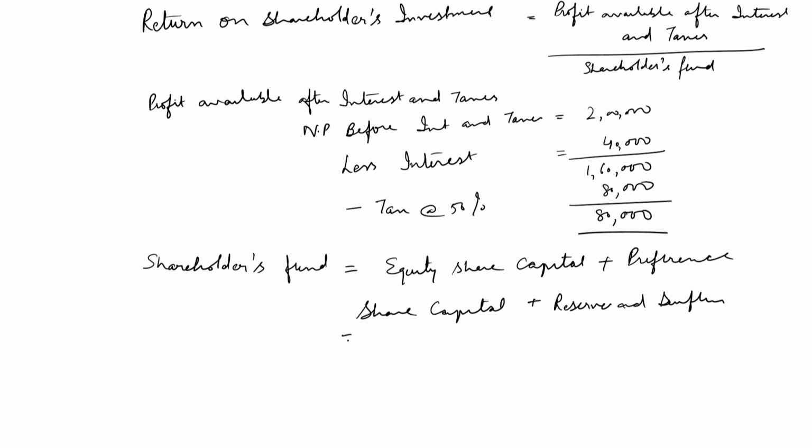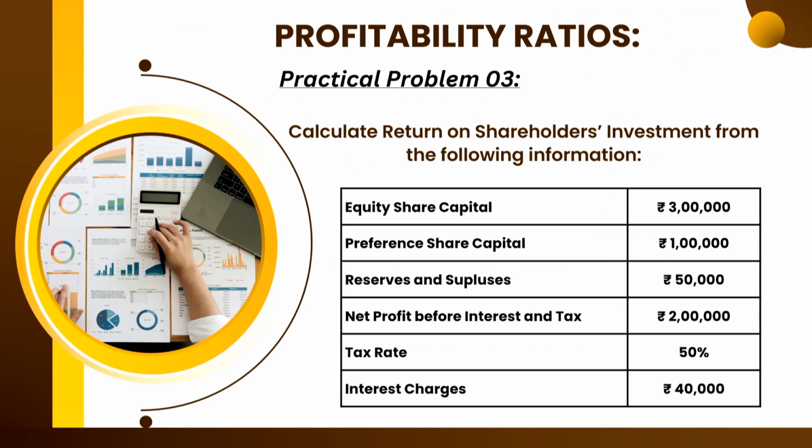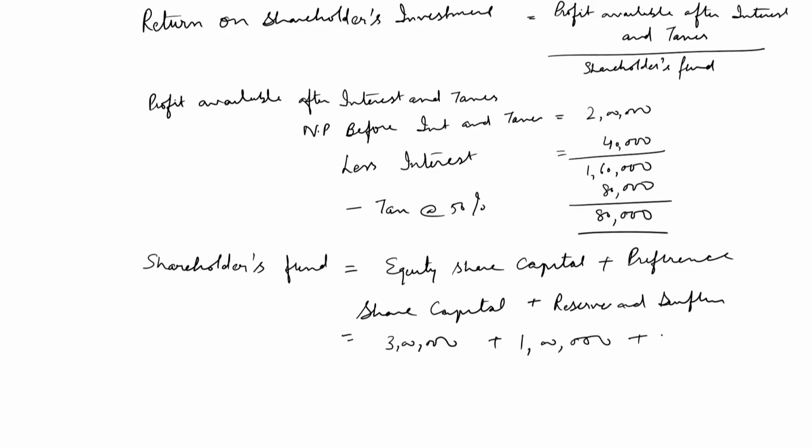As in the given question, we have an equity of rupees 3 lakhs, 1 lakh preference share capital plus we are given the reserves and surplus amounting to rupees 50,000. So the total of the shareholder funds comes to rupees 4,50,000.